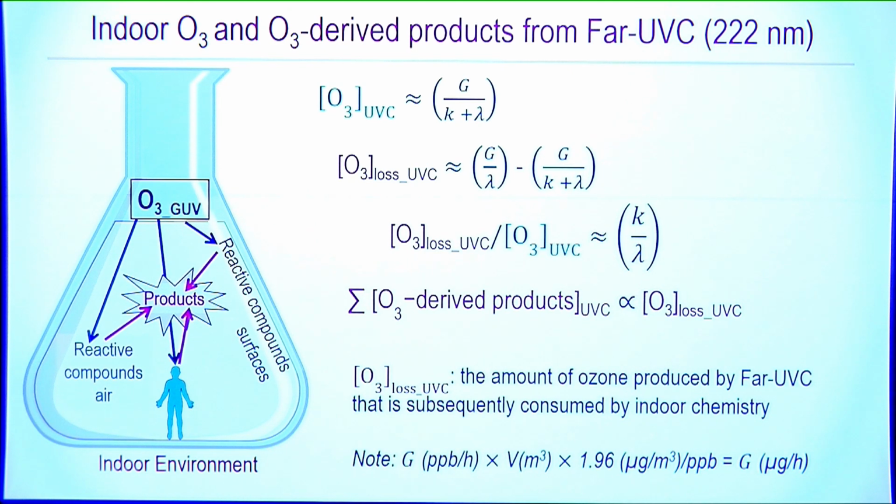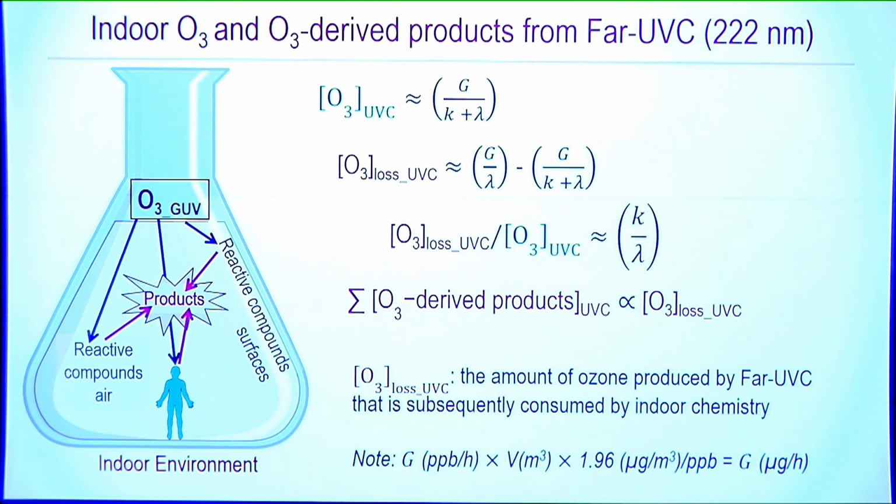We can also calculate something equivalent to ozone loss for the ozone that's been generated by the use of Far-UV. In this case, I'll call it ozone loss UVC. It's the amount of ozone produced by Far-UVC that's subsequently consumed by indoor chemistry.